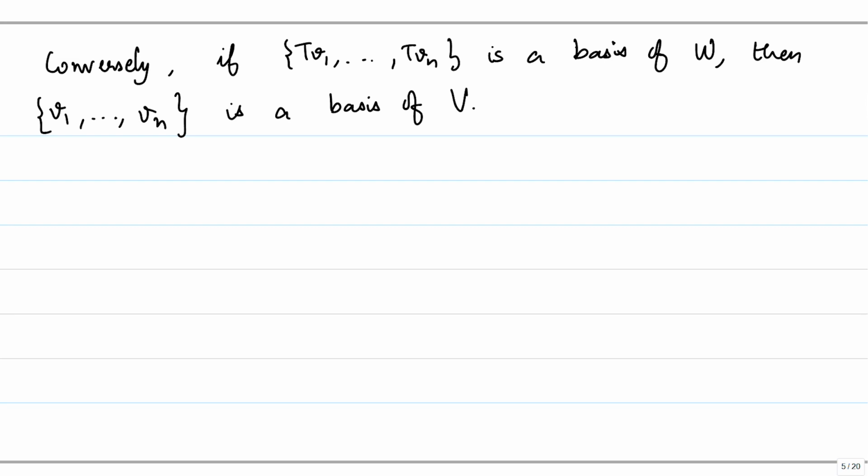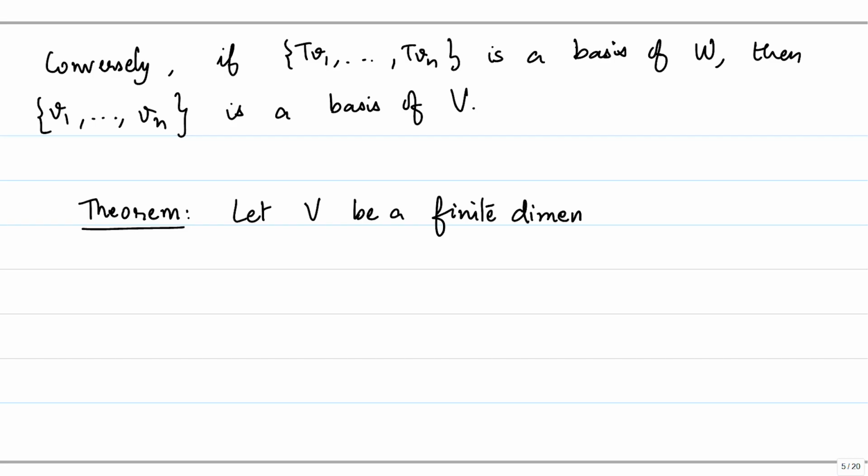So let's look at the statement of the theorem more carefully. Let me state it as a theorem. Let V be a finite dimensional vector space, and therefore it will have some dimension, say n.